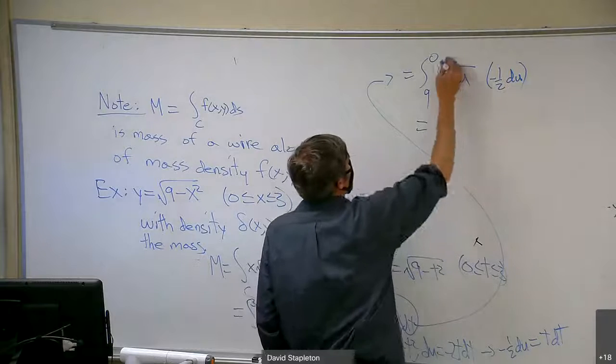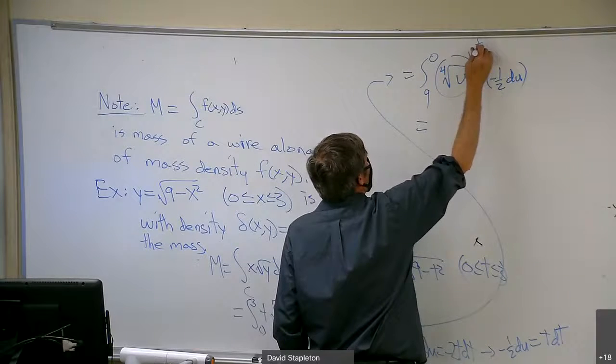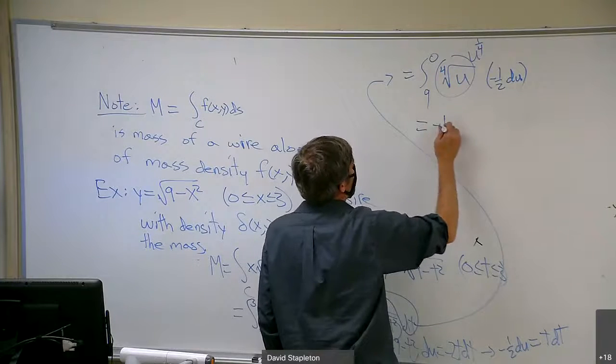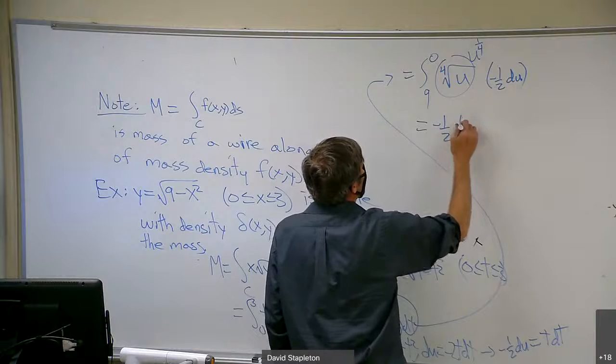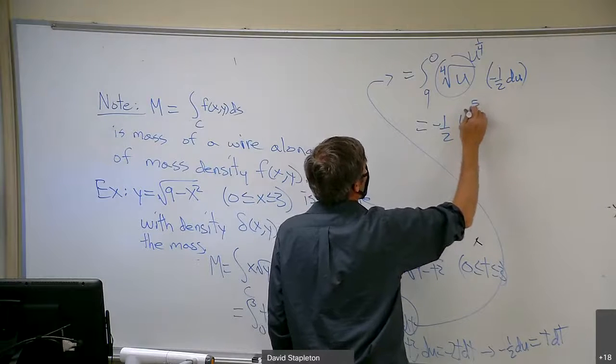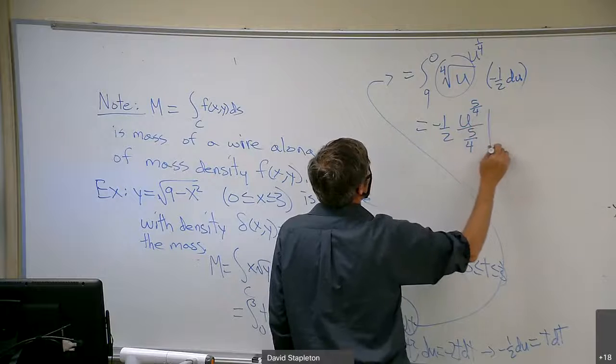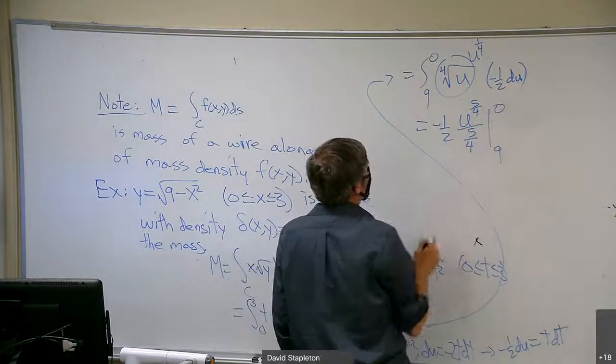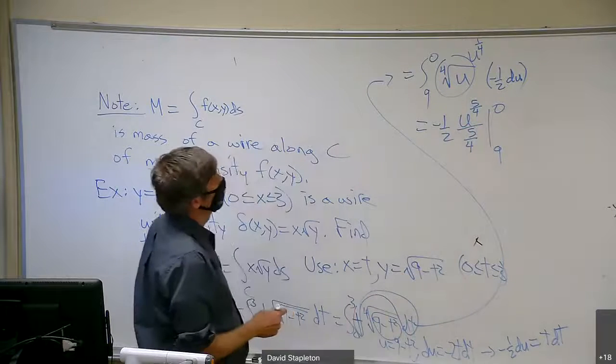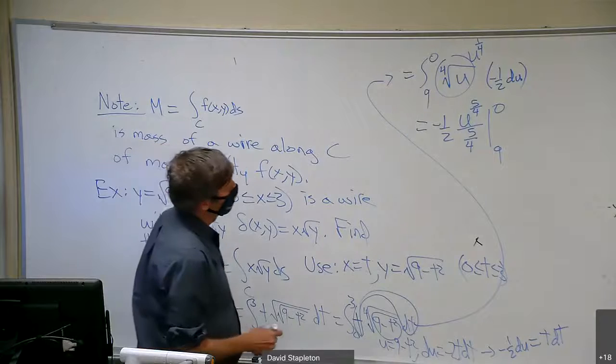So now this is u to the 1/4. It's an easier way to write it, right? So I have minus 1/2 u to the 5/4 over 5/4. Evaluate at 0 and 9 and take the difference. Well, let's see.